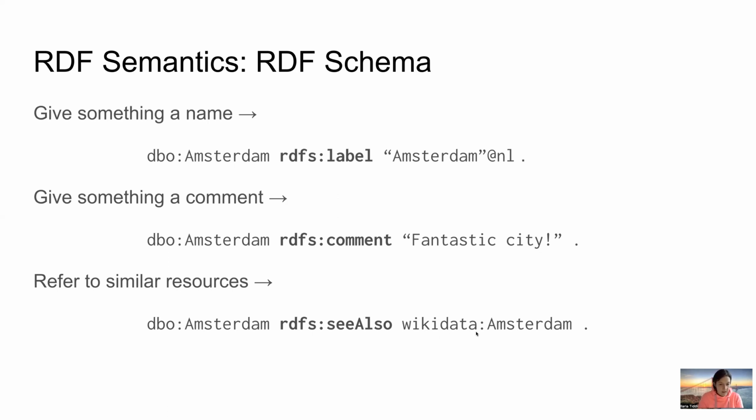So these three keywords are quite common, especially rdfs:label, because sometimes the URIs are not that meaningful to the human eye. So I could replace Amsterdam with any kind of symbol and still the label would be Amsterdam. So rdfs:label is the property that allows humans to understand what the resource on the web is actually about.